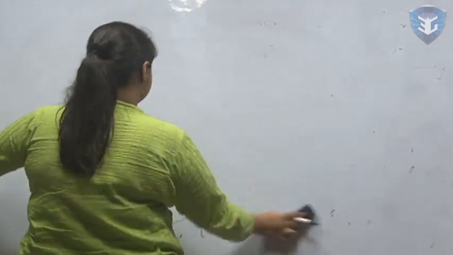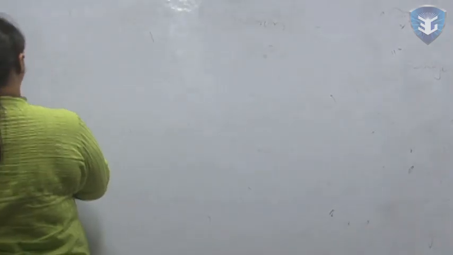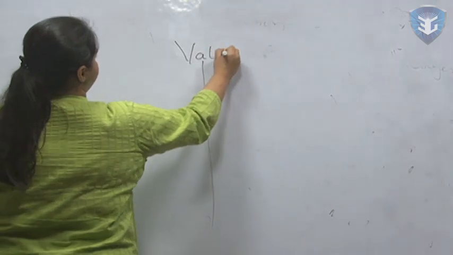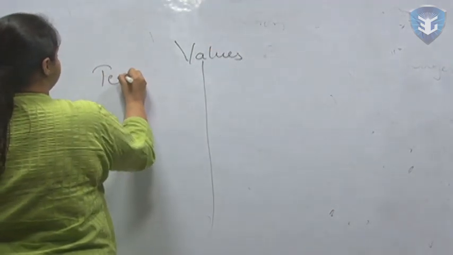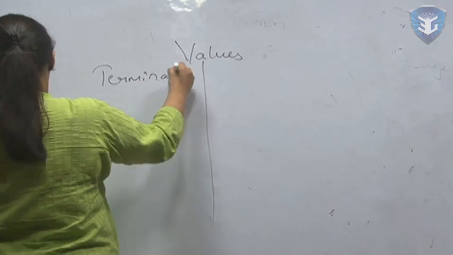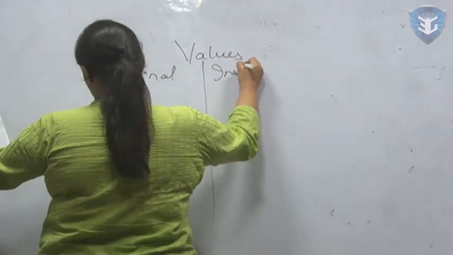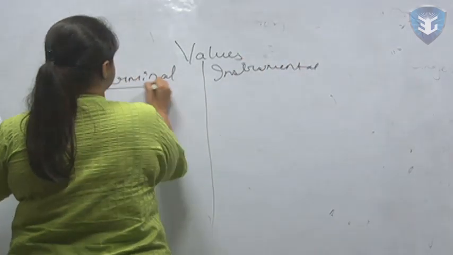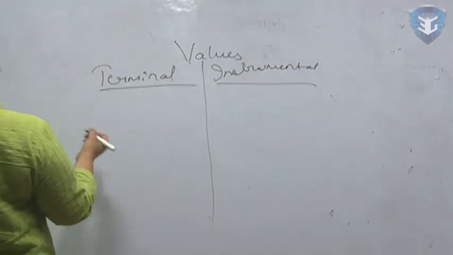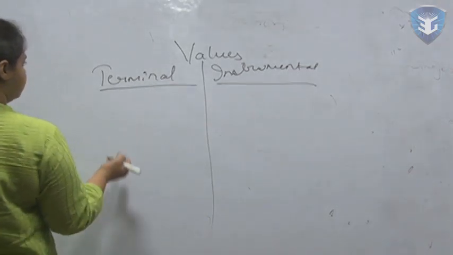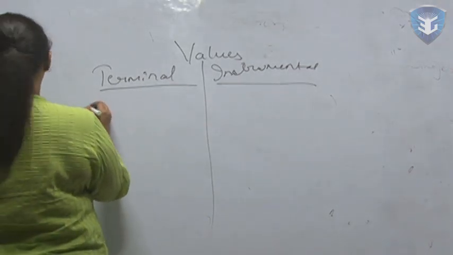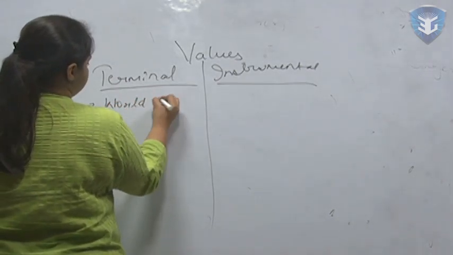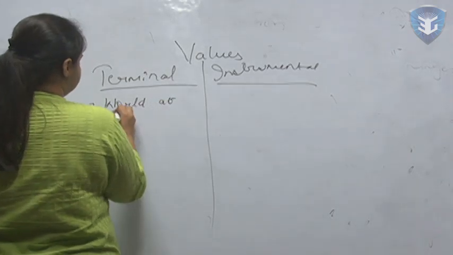Apart from these three distinctions, values are often categorized into terminal and instrumental categories. Now these include specific types of items that form two categories: terminal and instrumental. Terminal includes very general values like to wish that the world is at peace.